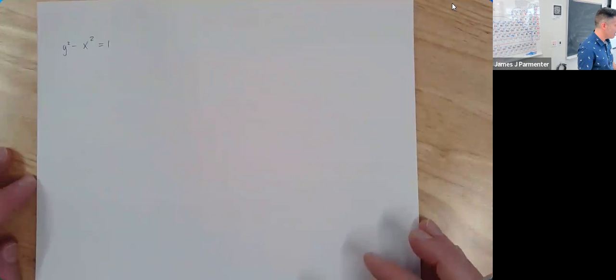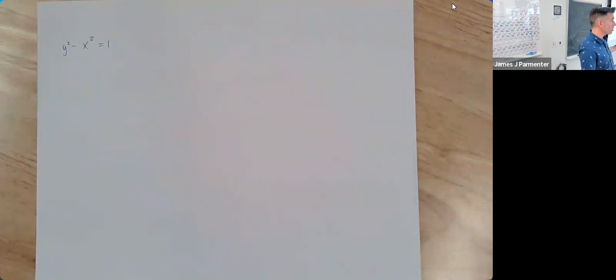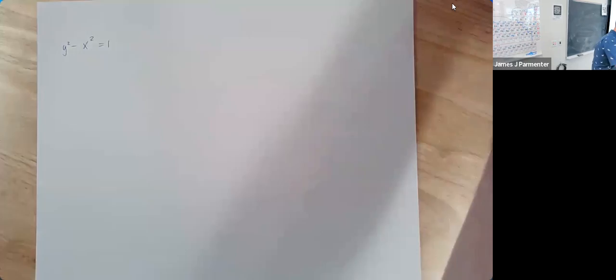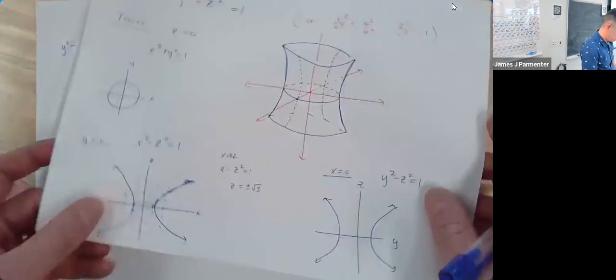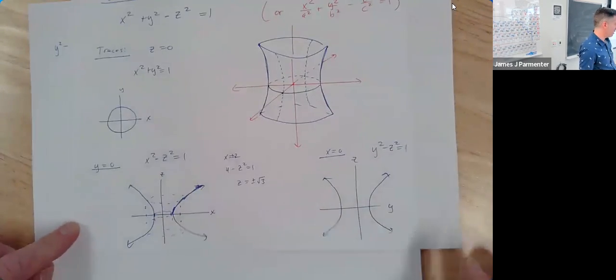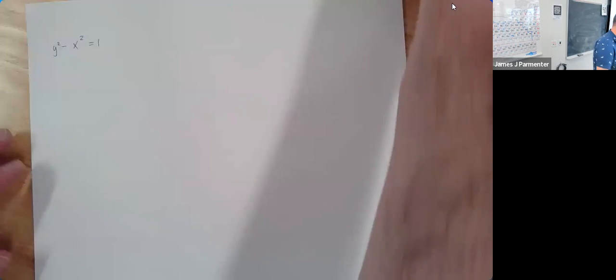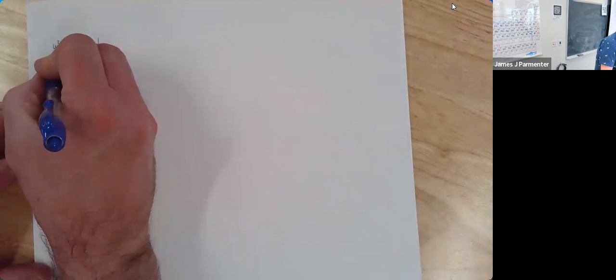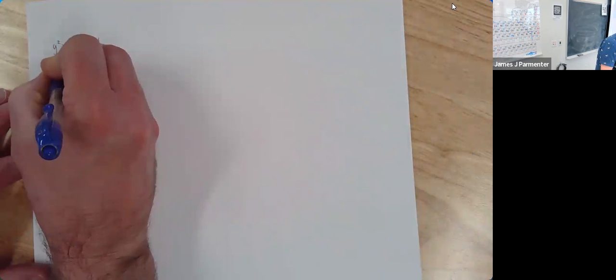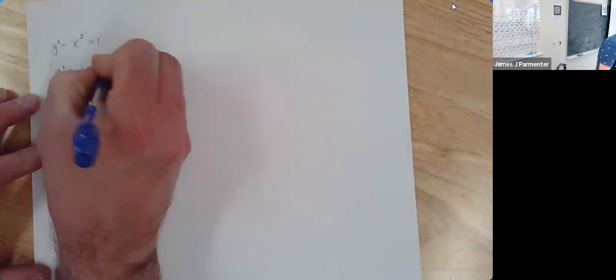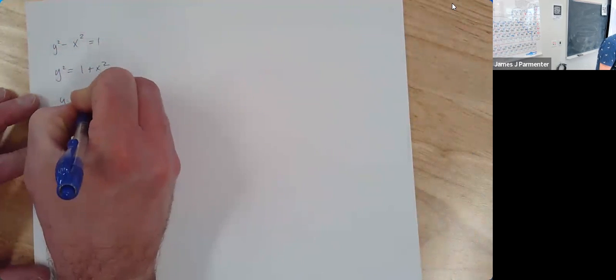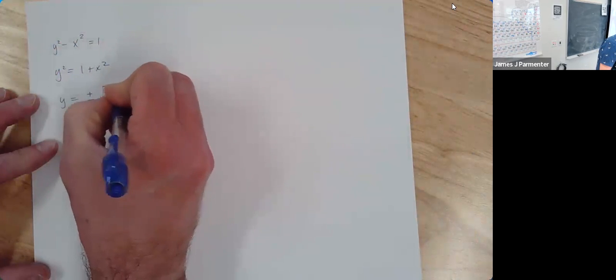I'll point out this graph here is definitely not a function. It fails the vertical line test all the time, but it's still a worthwhile graph. If you graph this, you get y squared equal to 1 plus x squared, or y equal to plus or minus the square root of 1 plus x squared.